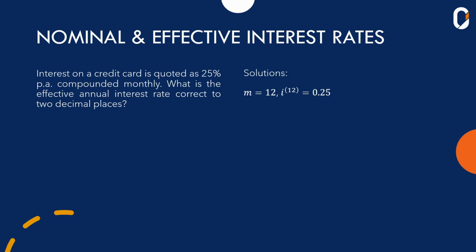First things first, we write down our given information. Frequency is 12 because it's compounded monthly, and hence m is equals to 12, and I to the power 12, or I to the power m in this case, will be 0.25, which is the 25% interest rate. And now we are ready to introduce our formula, which is 1 plus I is equals to 1 plus I to the power m all divided by m, all to the power m.